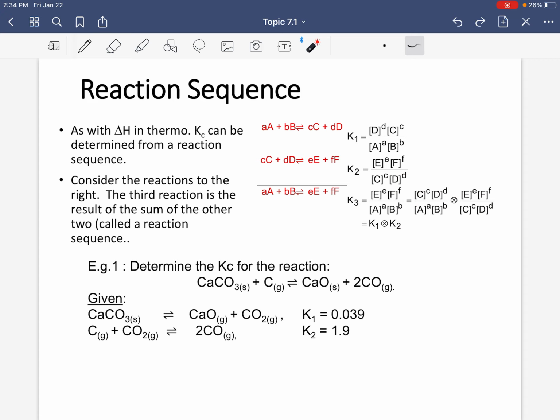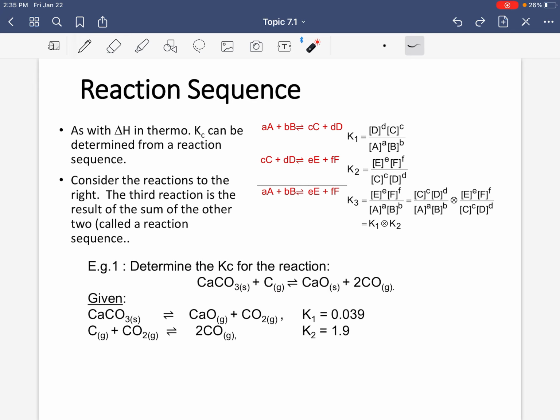I've proved it already. So I have an example here. I have this reaction: your chalk reacting with carbon as a gas, to give you calcium oxide and carbon monoxide. This is not a one-step reaction. This is actually pretty difficult to accomplish in the lab.